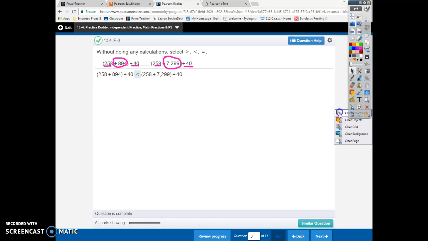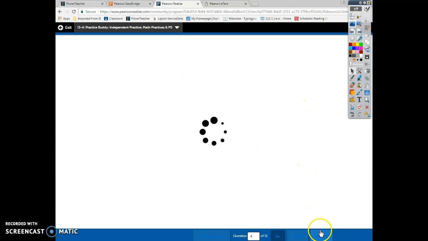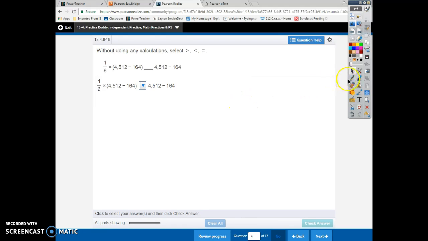Let's do one more, just to make sure we're all on the same page here. Again, we're not doing any multiplication this time or solving. I'm not asking you to solve anything. We want to look, and I've got 1/6 times 4,512 minus 164, and I've got 4,512 minus 164 over here. So this is the exact same as that.